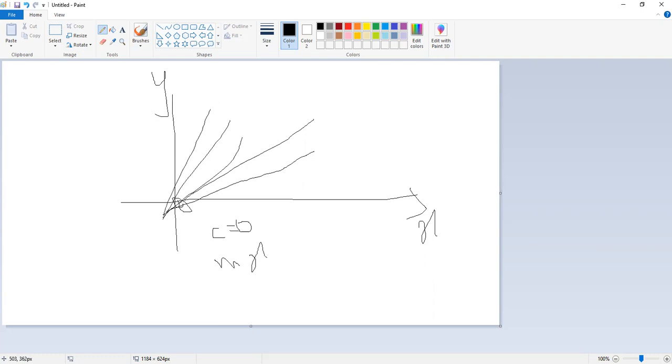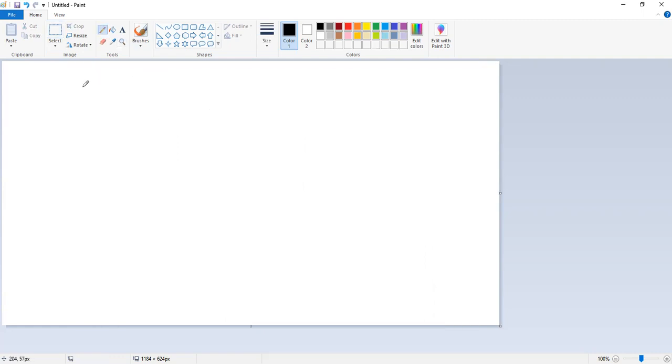Okay, so next was the problem of theta transpose X. How does this actually work? For example, if we have theta naught, theta 1, and theta 2, and x1, x2, x3.